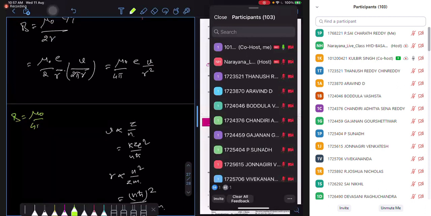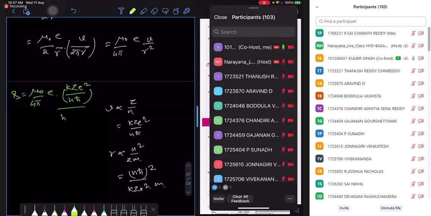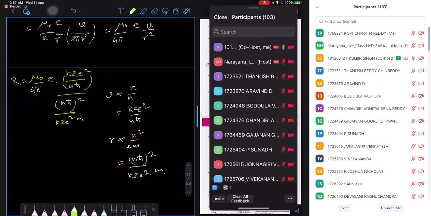So μ0/4π times e, the velocity term here is kZe squared by nħ, and the radius term is nħ divided by kZe squared m. Right? So if you rearrange, it will be μ0/4π e.